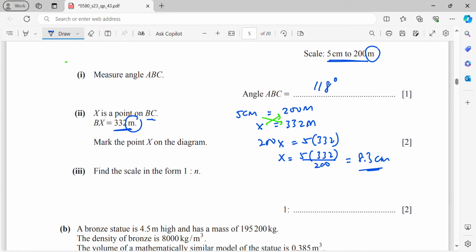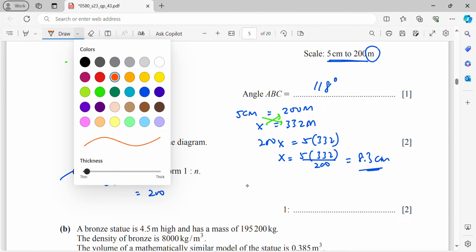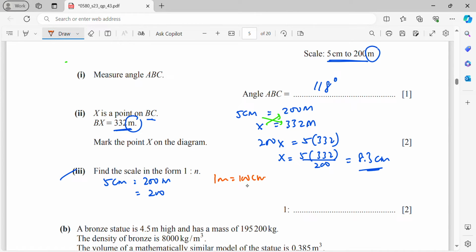Okay, now third part, find the scale in the form 1 to n. So from here we know that 5 centimeters is 200 meters. Right? So when you convert everything to centimeters, we know that 1 meter is 100 centimeters. So now you times 100 and it becomes centimeters.